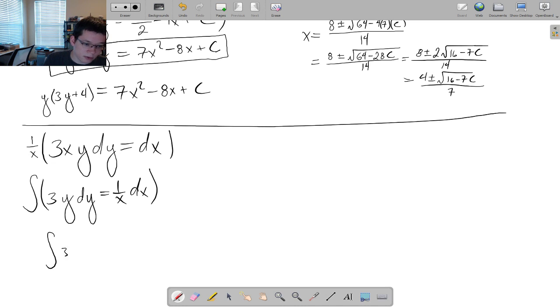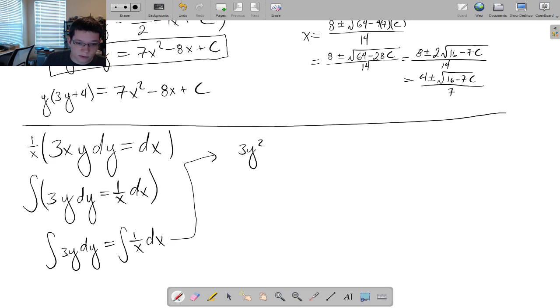Integration of 3y dy equals the integration of 1 over x dx. So the left-hand side becomes 3y squared over 2 equals, and then this side becomes the natural log of the absolute value of x plus a constant as long as x is not equal to 0.